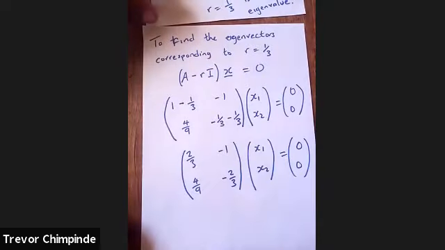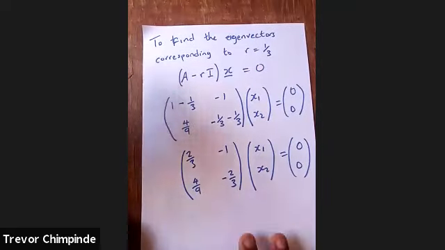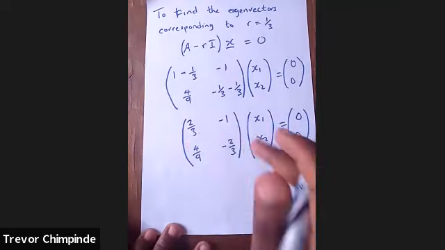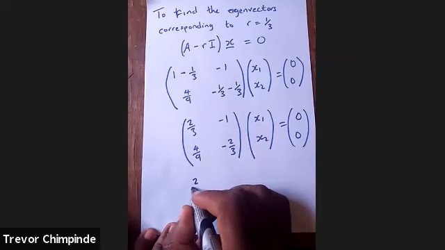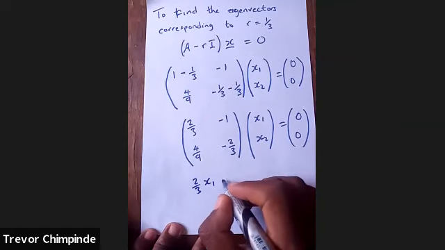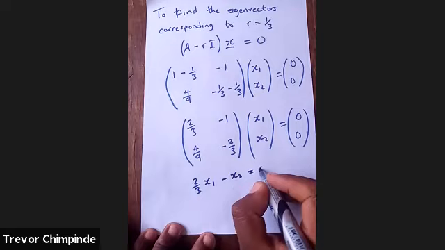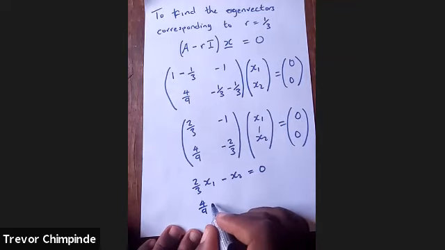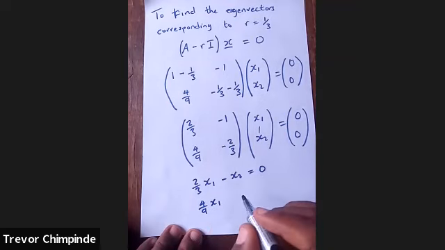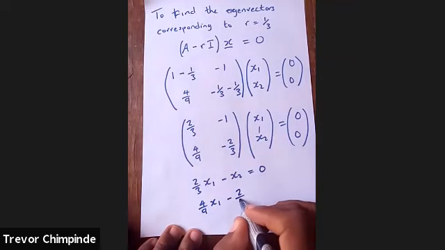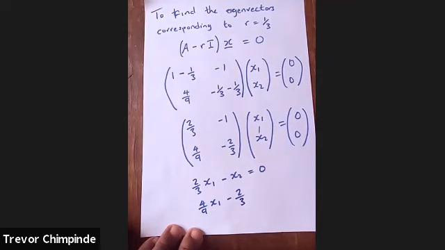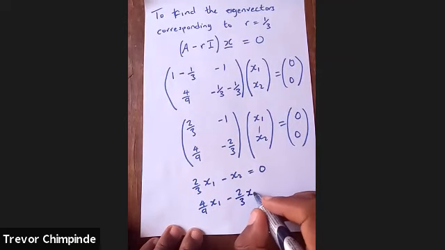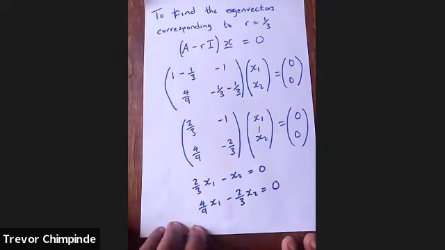And what do we get? This is going to be 2 over 3 x1 minus x2 is equal to 0. That's the first row times the column. Then the second row times the column gives us 4 over 9 x1 minus 2 over 3 x2 is equal to 0.